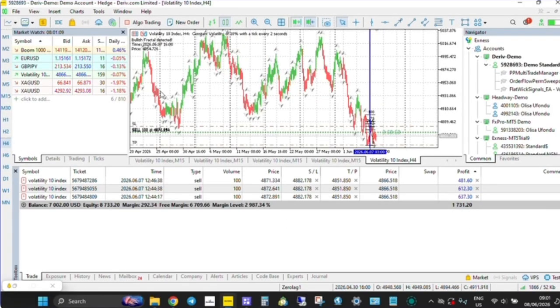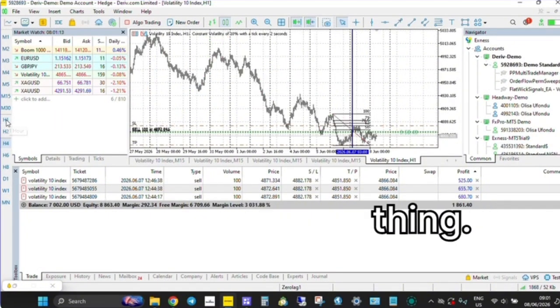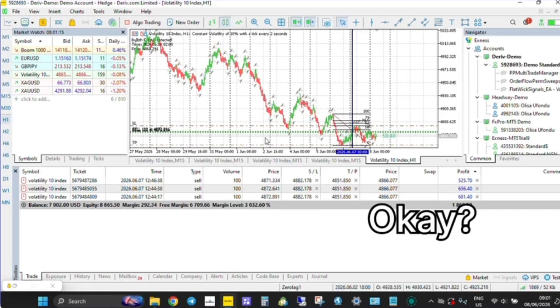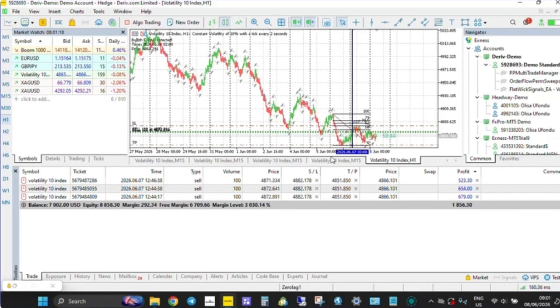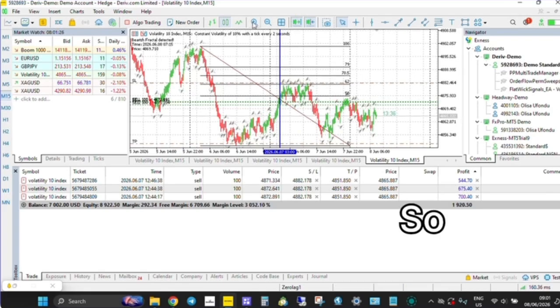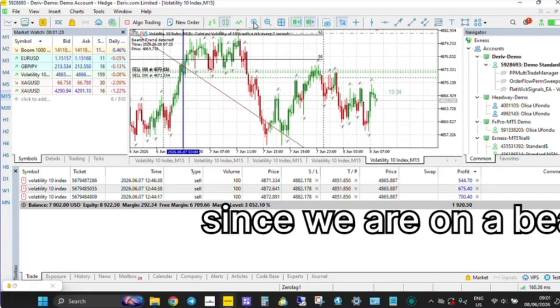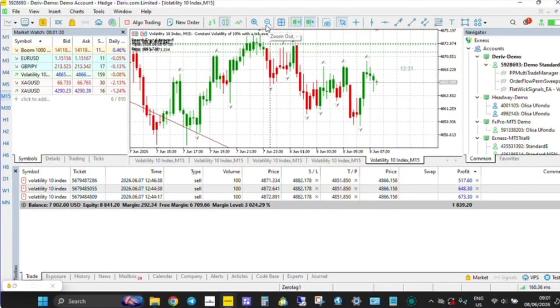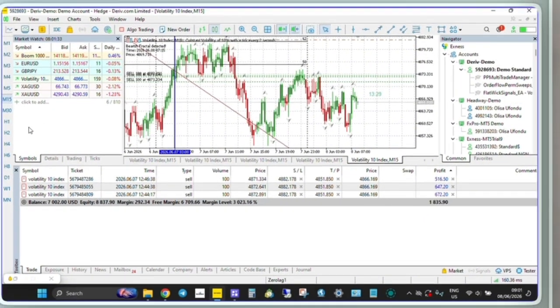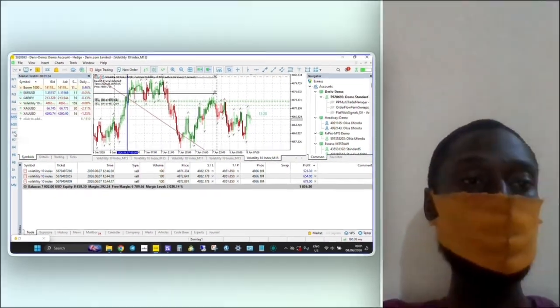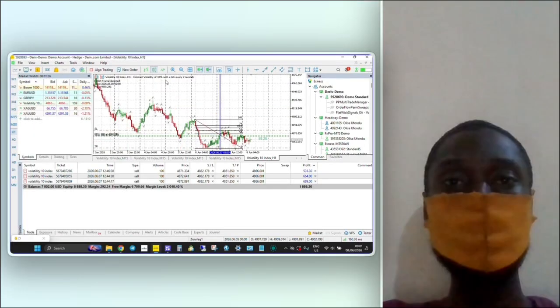And 1 hour is the same thing. We are on a bearish trend. Now let's go back to 15 minutes. So since we are on a bearish trend, let me go to 1 hour.